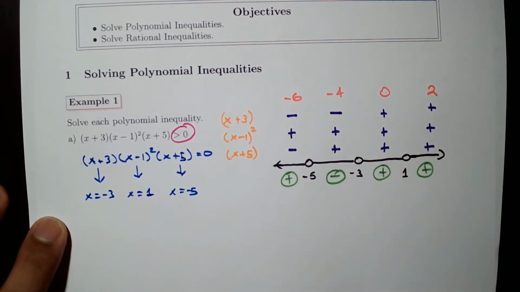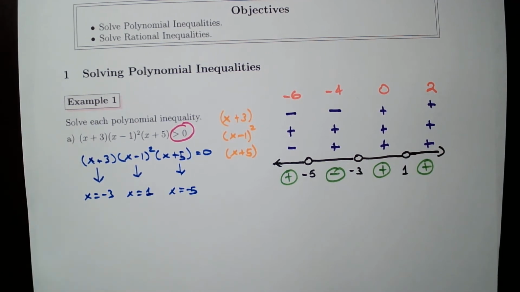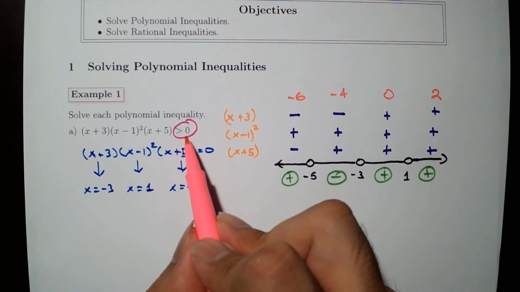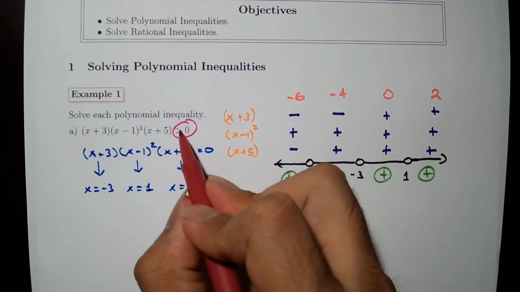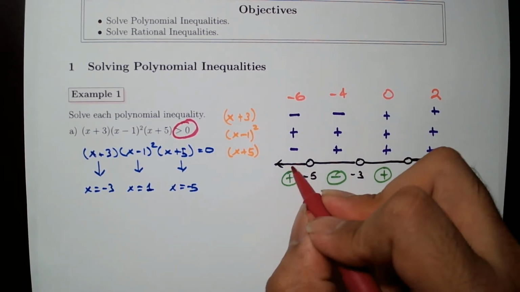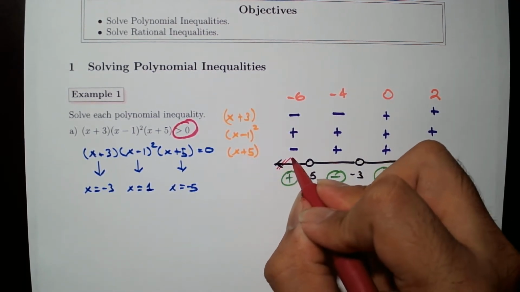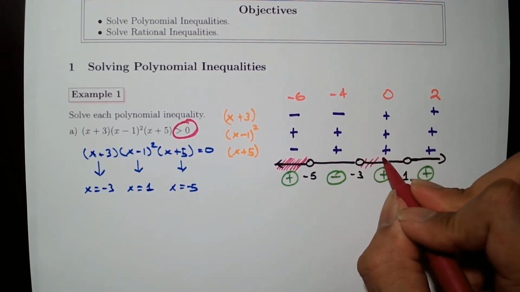All right, now let's go back to our original question. We're looking for greater than 0, which means positive. So I'm going to highlight only the positive intervals, using the same magenta color, and shade only the positive intervals.